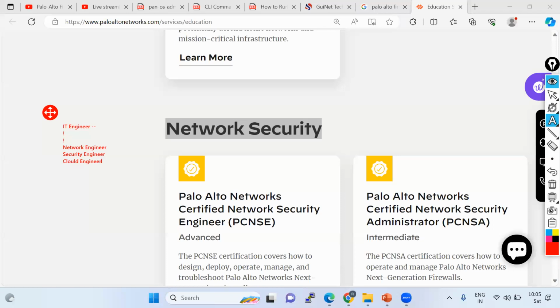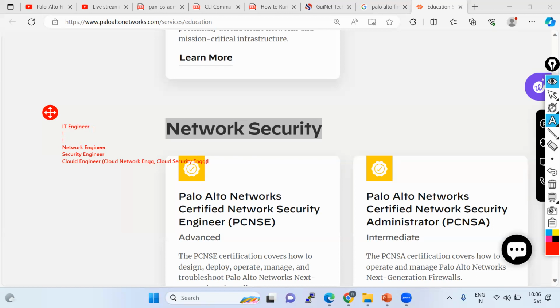Further, these three domains are classified into multiple domains as well. It's not like we are limited to these three. In cloud engineering, we also have the cloud network engineer, the cloud security engineer, and other platform engineers, but the most important are the cloud network engineer and cloud security engineer.